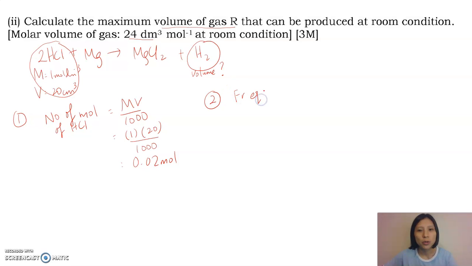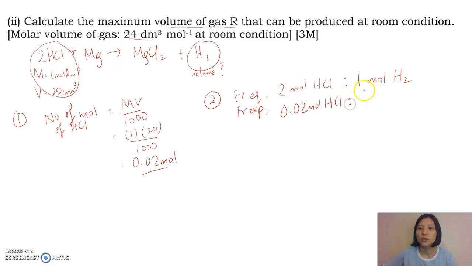From the equation, 2 mole of HCl will produce 1 mole of H2. From the experiment, we use 0.02 mole of HCl. So the number of mole for hydrogen gas produced will be half of that, because 2 gets 1 from the equation. So 0.02, you get 0.01 mole of hydrogen gas.